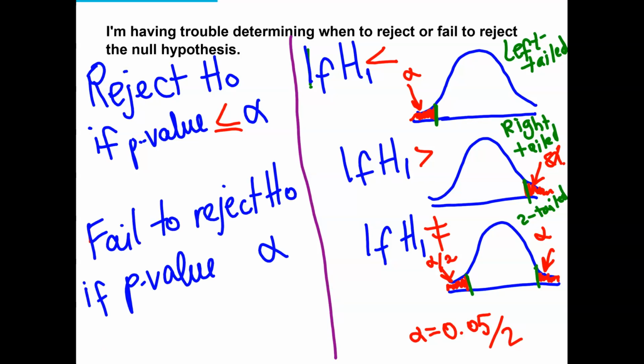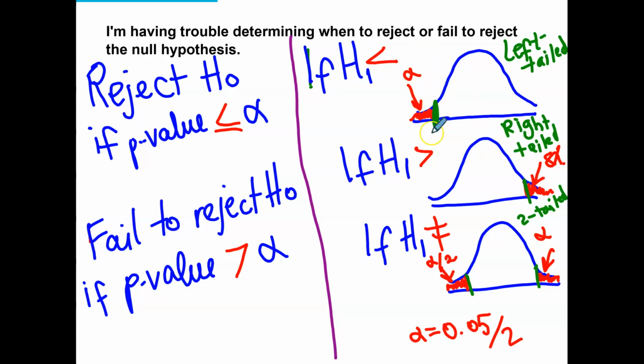We fail to reject the null hypothesis if the p-value is greater than alpha. That means that our p-value will be past the critical region. The same goes for the test statistic. Here in the green, I marked critical values, the values that separate the critical region from the non-critical region.